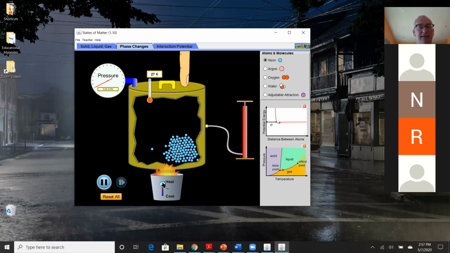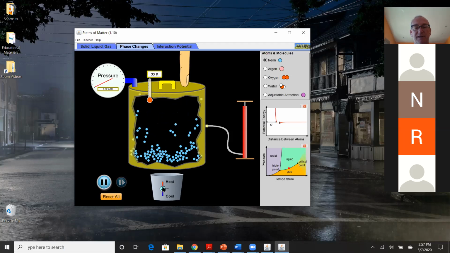So if I increase the heat a little bit, now what's happening to the pressure? It's slightly increasing. Yeah, it's going up, right? Because I've got molecules in the gas phase.